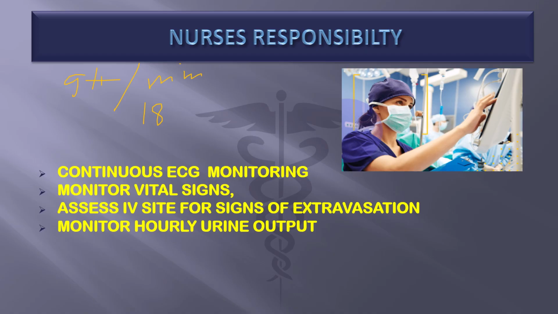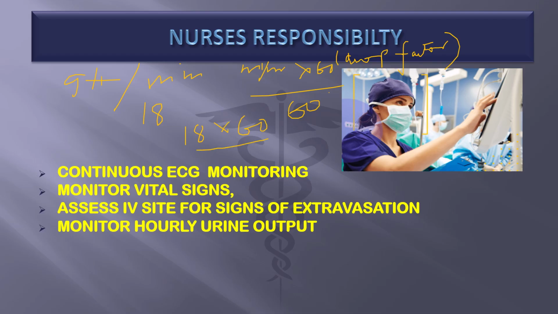So the formula is ml per hour into drop factor divided by time. For example, I took 60 as your drop factor. This may change. You may get an infusion set of 20 drop factor, or an infusion set of 15 drop factor. This is variable. Time is always 60, this will not change, so you have this cut. So this is 18 drops per minute.